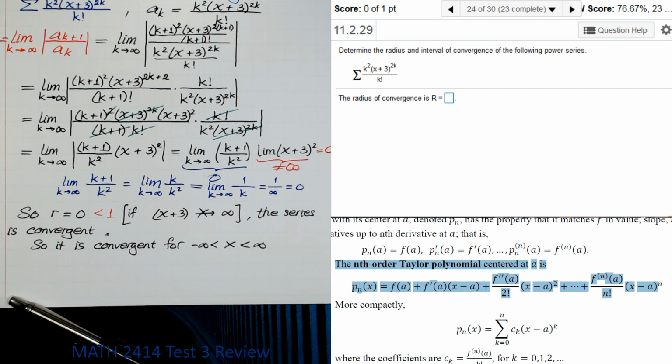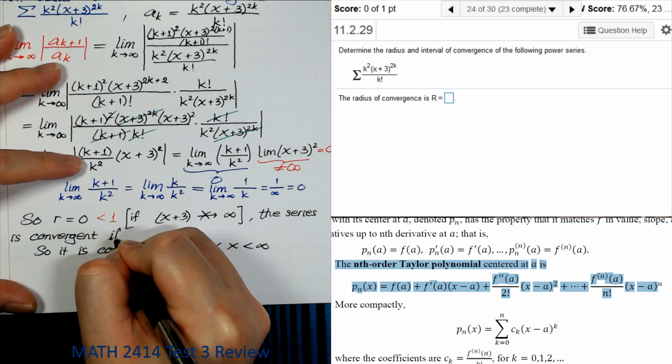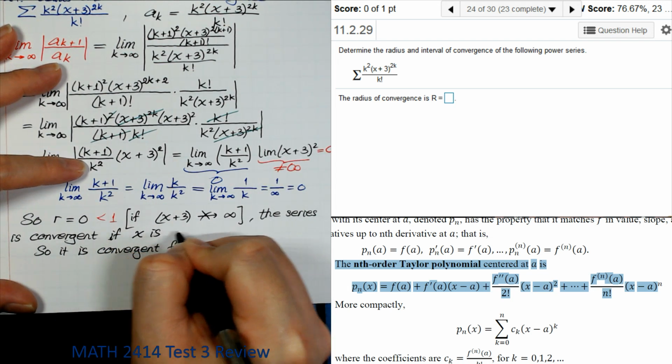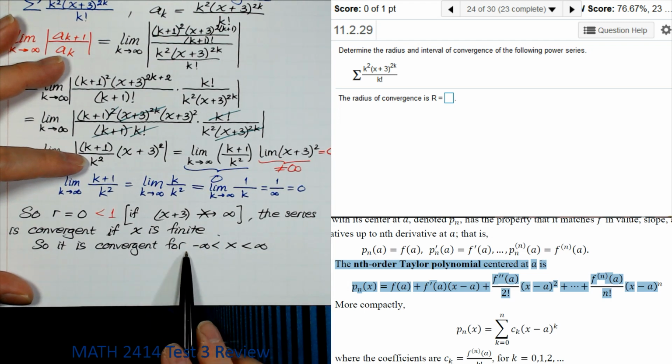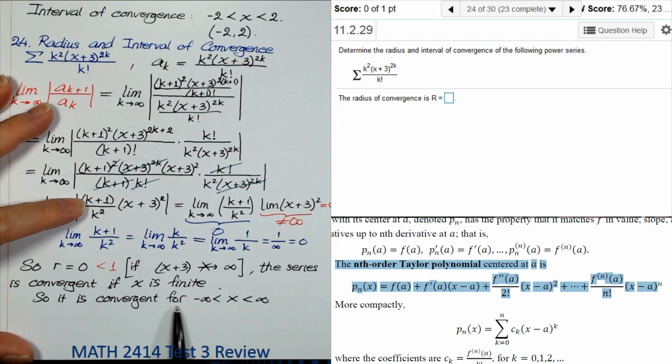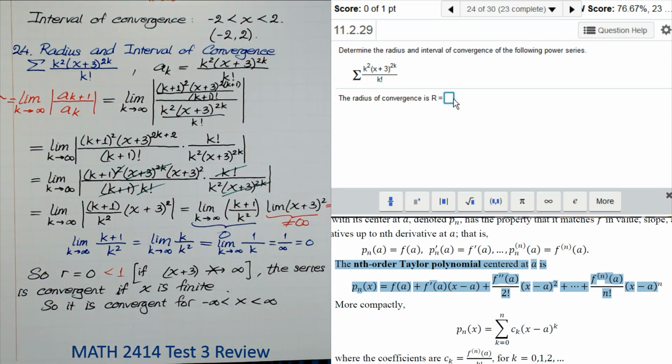So pretty much as long as it is finite, it's convergent. This is what we mean when we write that x is between negative infinity and infinity. So the radius is infinity. Of course, you can just click infinity here, but if you want to type it, it's backslash inf.